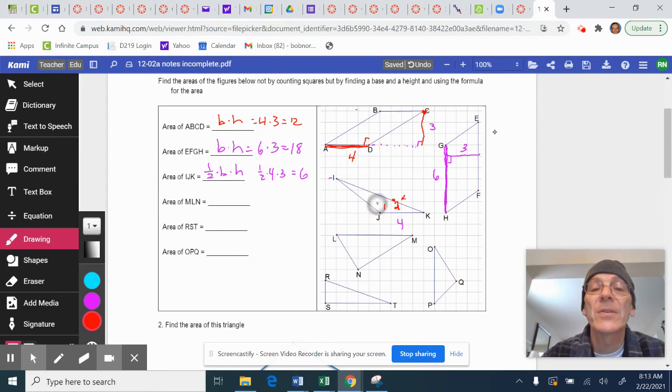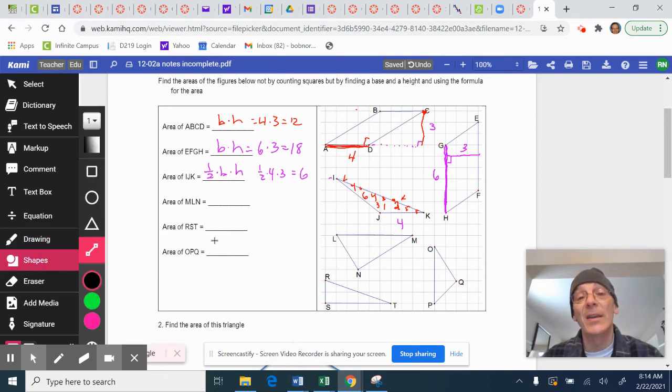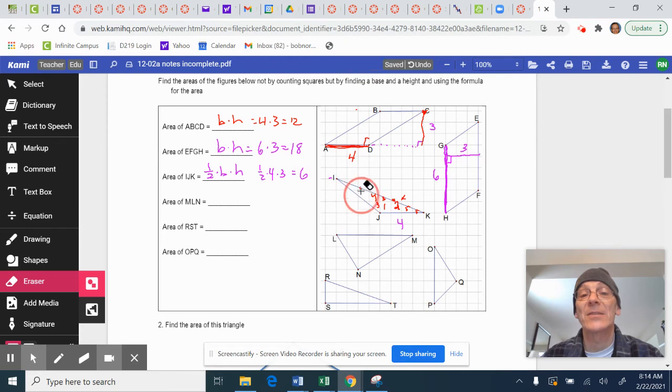If we put this together with that, that looks like those 2 pieces might make a third whole square. If we put this piece together with maybe that piece there, that might make a 4th whole square. And if we put this piece together with this piece, that might make a 5th. And then we're down to this piece and this piece making a 6th. Oh, I got a little piece there that I didn't get, but close enough, right? It looks like if we actually tried to piece squares together, we'd get something pretty close to 6. And the formula, of course, tells us it is, in fact, exactly 6.